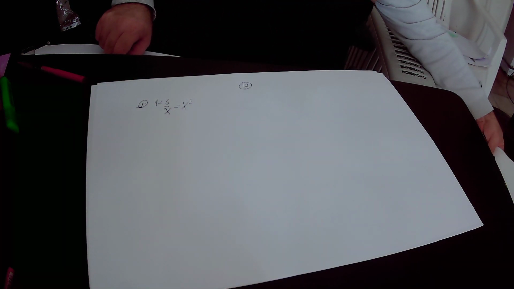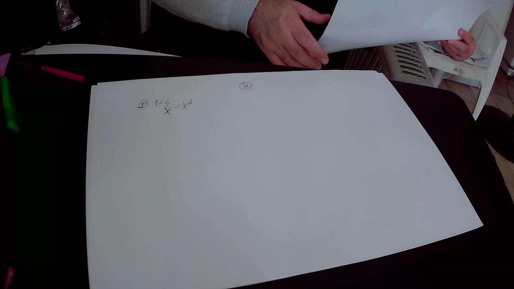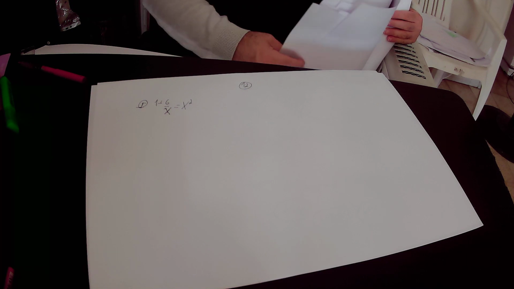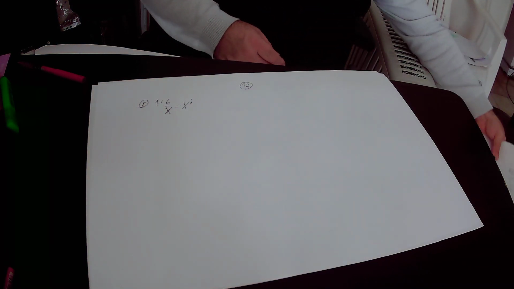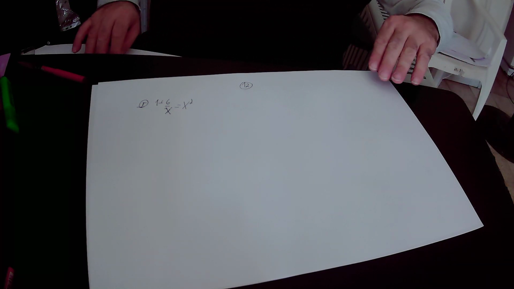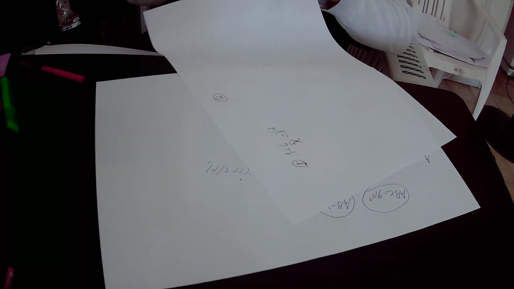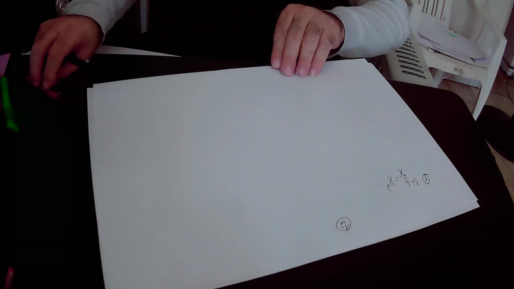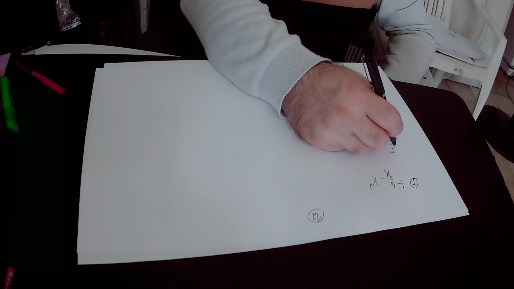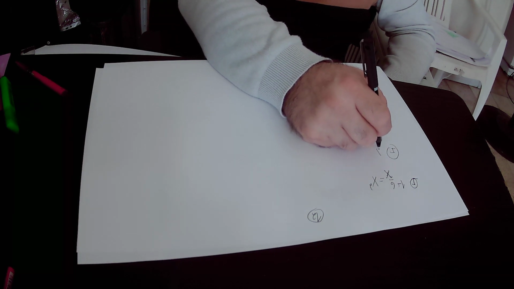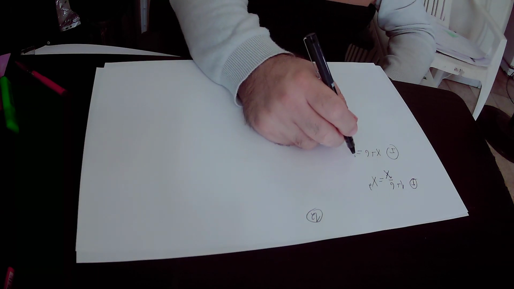So here we will multiply equation number 1 by x, and we will get that x plus 6 equals x squared times x, which is x cubed.